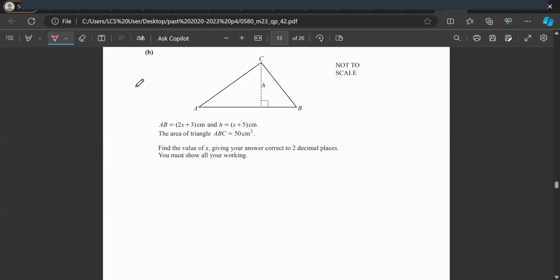But I want to say technical issue here. Okay, which is what? We said that half multiply the base 2x plus 3 multiply the height, which is x plus 5, should be equal what? 50. Can you tell me how should I start expanding it?